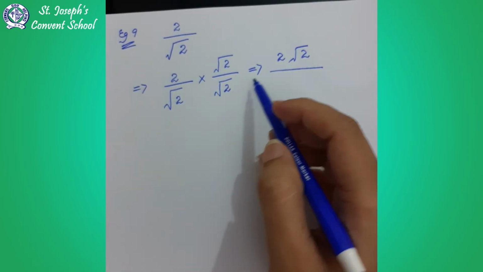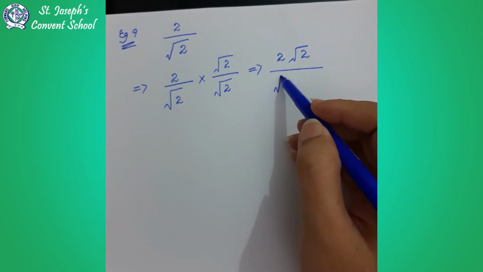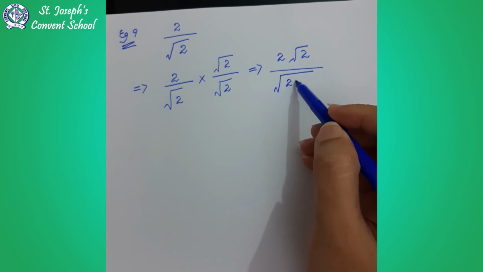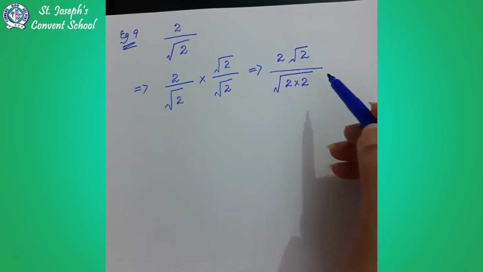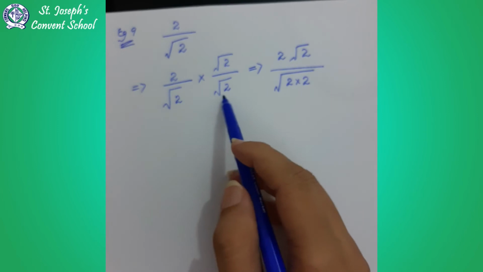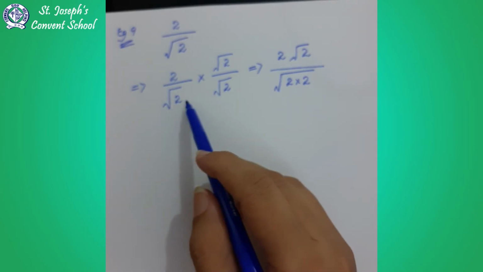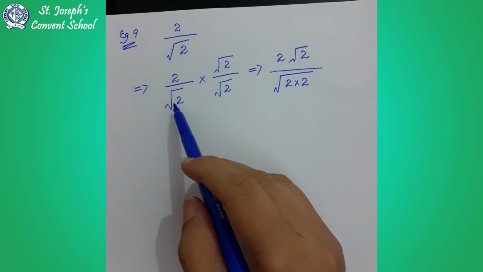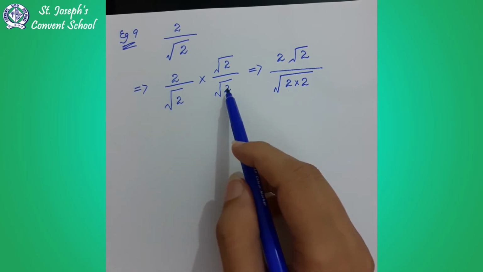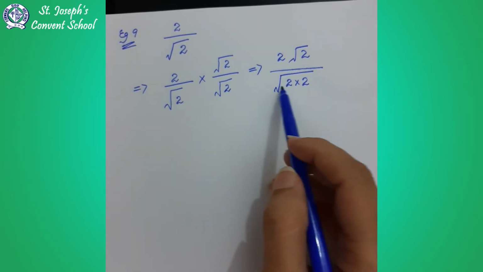denominator into denominator, both are in root sign. So 2 into 2. So write them in one root. Denominator into denominator, 2 into 2.